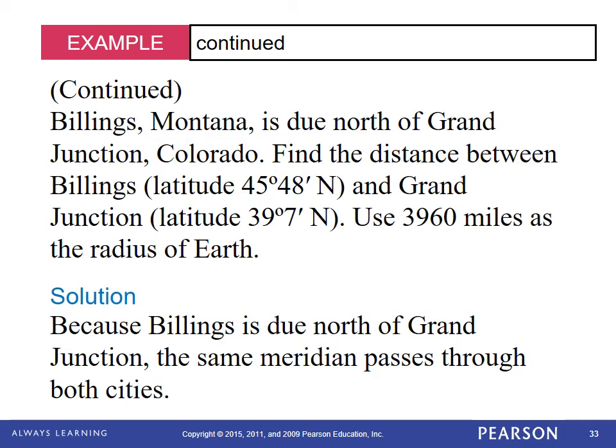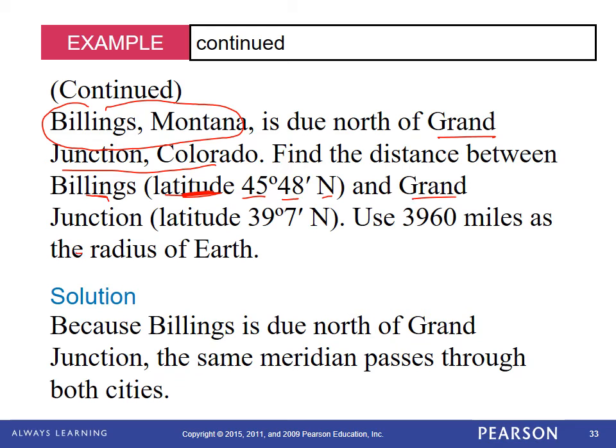It says we want to figure out the distance from Billings, Montana to Grand Junction, Colorado. And so what we have is the latitude lines. The latitude line of Billings is 45 degrees 48 minutes north.